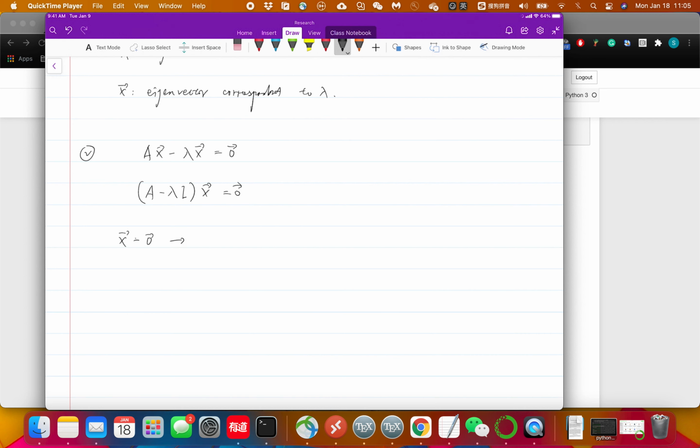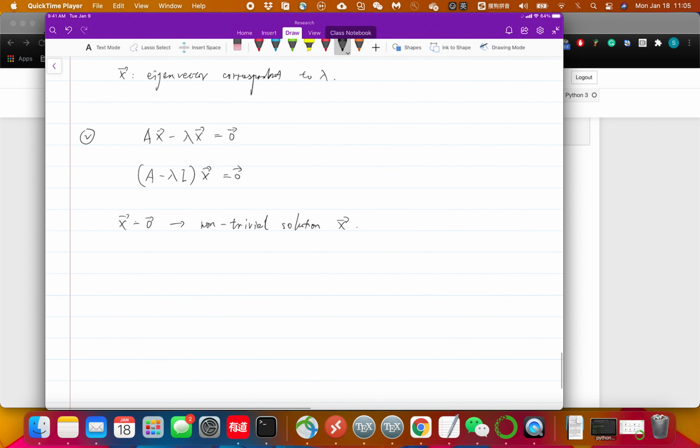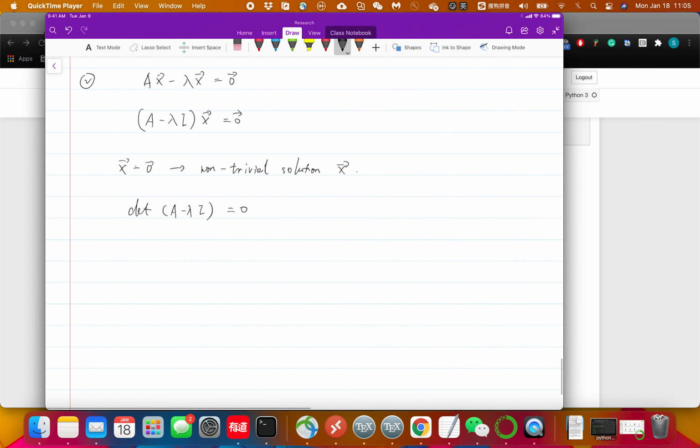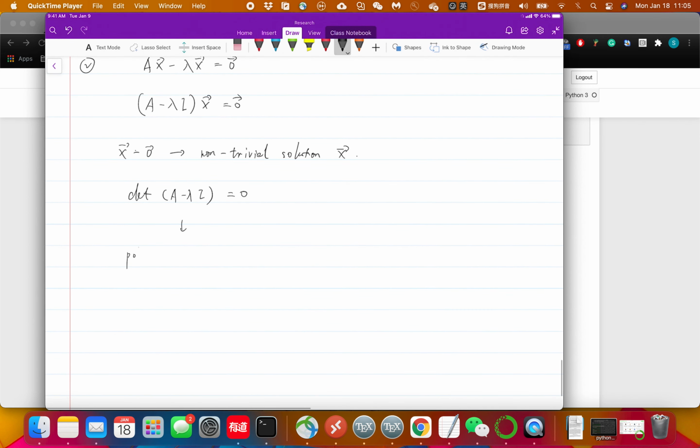Therefore, this one should have a non-trivial solution. Just 0 is not enough, because you don't have a straight line solution. 0 times anything is going to stay at the point. So you want a non-trivial solution x, therefore you need to require the determinant of this one equals 0. Otherwise you only have a trivial solution. So this will give you a polynomial of lambda, which is called a characteristic equation.